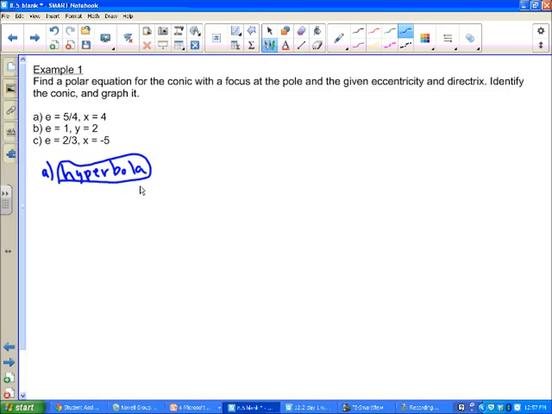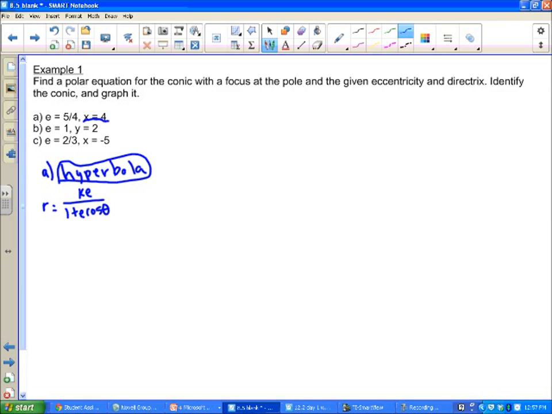Now we want to come up with the polar equation for the conic. So since x equals a positive 4, that means the equation we're looking at has ke on top, because all of them do. On the bottom is going to be 1 plus e cosine theta.